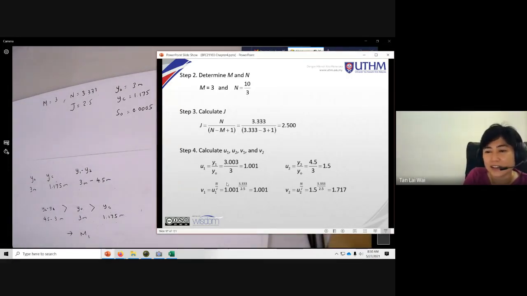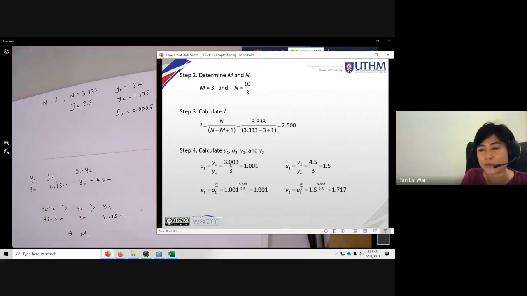So after you calculate for U1, you can calculate for U2. For U2, you just use Y2 divided by Y0, so you have 1.5. So far clear, guys, how to calculate this U1? You cannot use Y1 equals to Y0 in this case because your U1 will give you 1, where in that table when U equals to 1 there's no value.